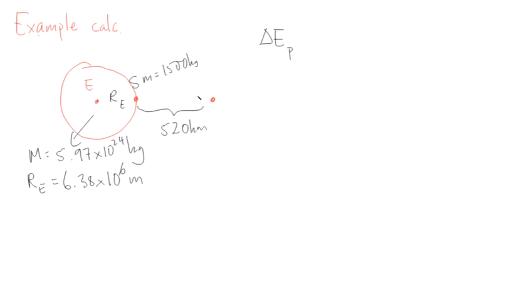So basically I want to work out the potential here and then the potential here and then find the difference. So let's call this point A and this point B. So at A, the gravitational potential energy at A is minus G times big M, little m over R E.